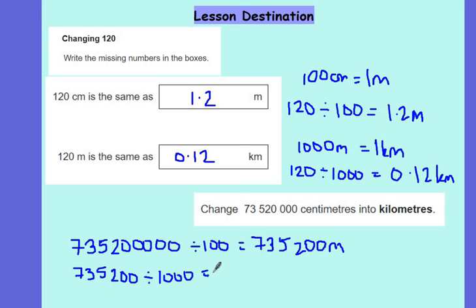Which tells me I've got 735.2 kilometres. And that's the end of today's lesson.